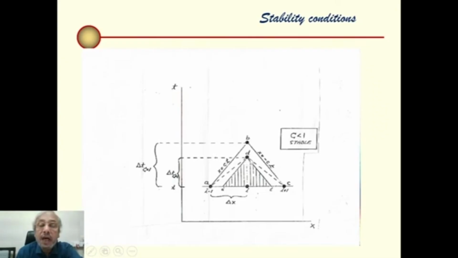So this is the limitation: the numerical step has to be less than the analytical expression of Δt equal to Δx/c.